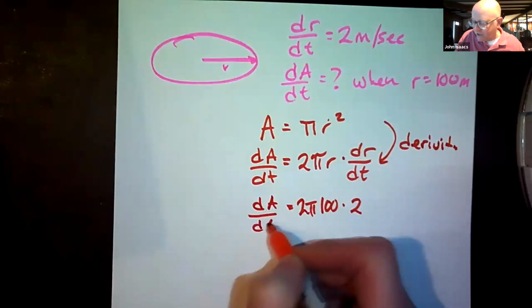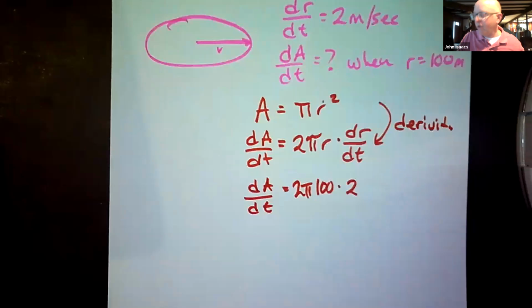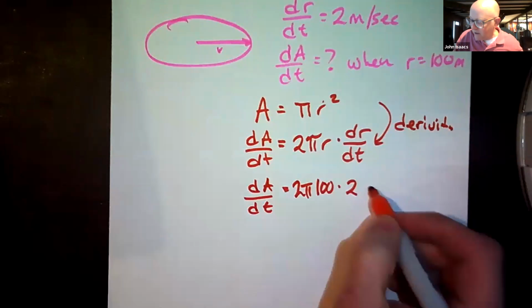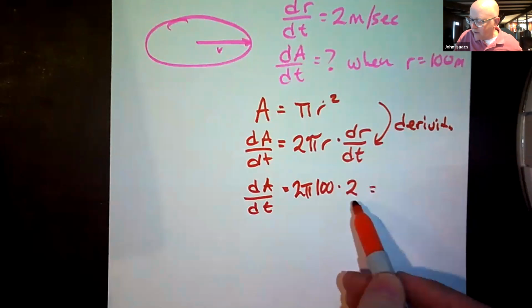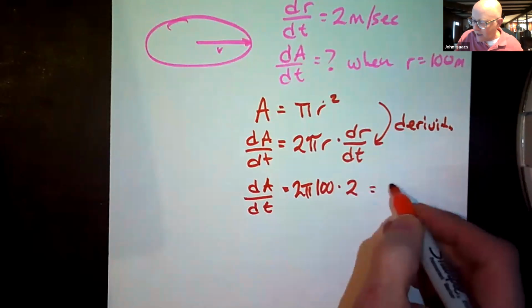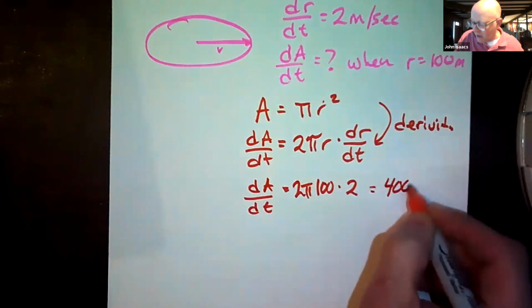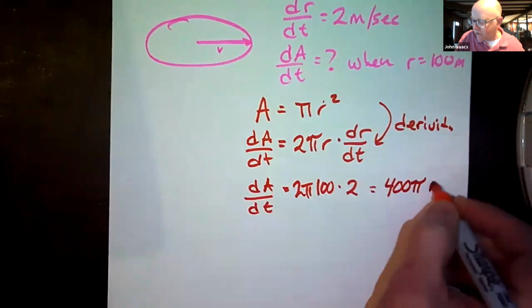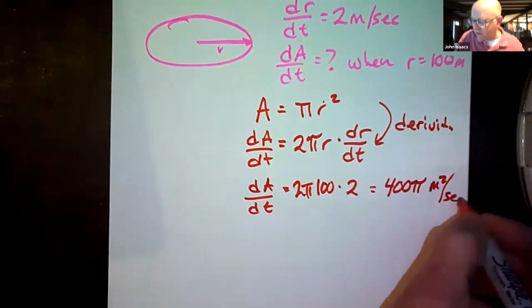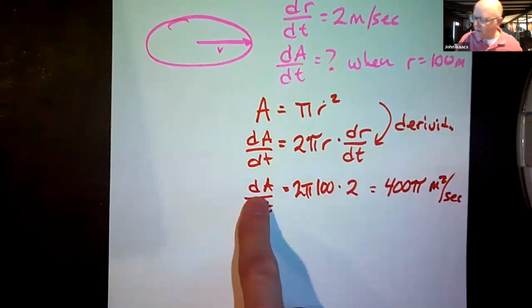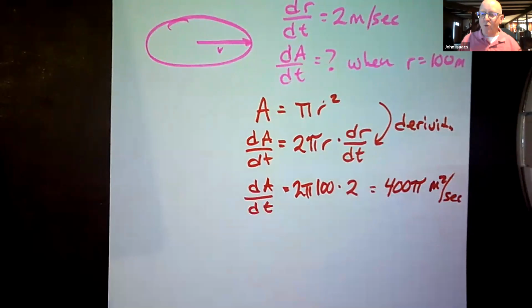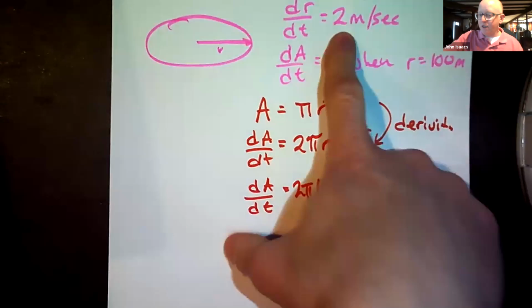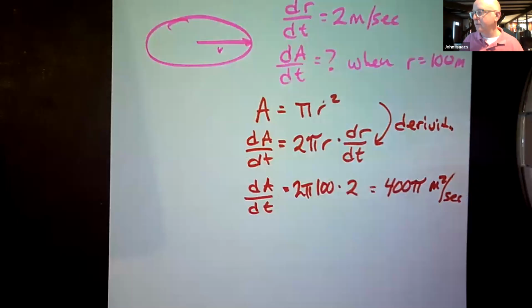So this one actually set up pretty nicely in that we didn't have a whole lot of fancy algebra to do. And dA/dt is going to equal 400 pi. And that's because it's a rate of area, so meters squared per second. The change in area is 400 pi meters squared per second, about 1,200 square meters every second if the radius is changing at 2 meters per second.